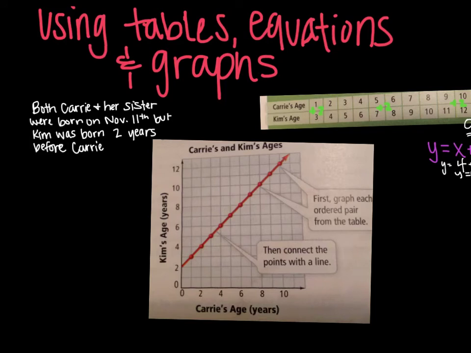And then each point, we can graph our ordered pair from the table. So the first one here is (1, 3), so I'm going to go over 1 and up 3, and I will land right there. And you just follow the pattern and then make your graph off of that.